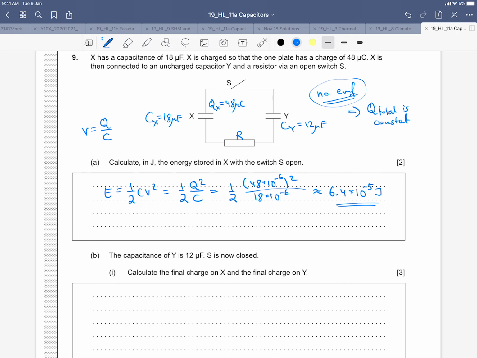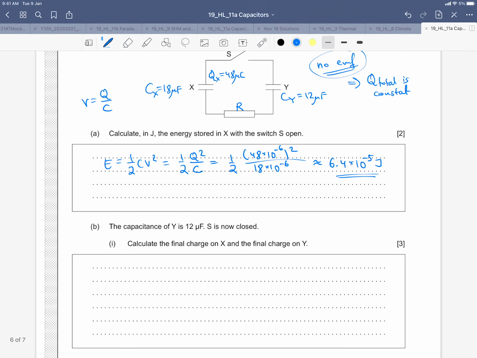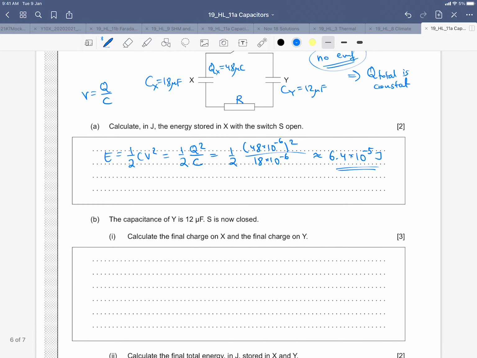So we can basically start off by understanding that you get an equilibrium situation. Steady state occurs when the voltages are equal, because then the current will stop. Okay, and if the voltages are equal, then we have a new charge on X, let's call that QX, over the capacitance of X, and then some charge has now been gained on Y. So we have this equation when the voltages are equal.